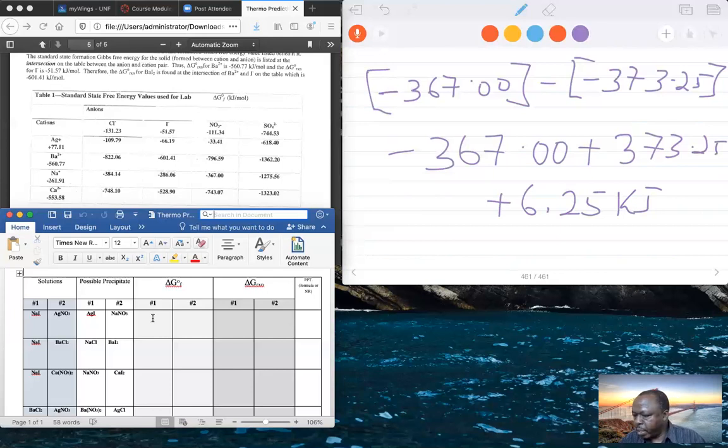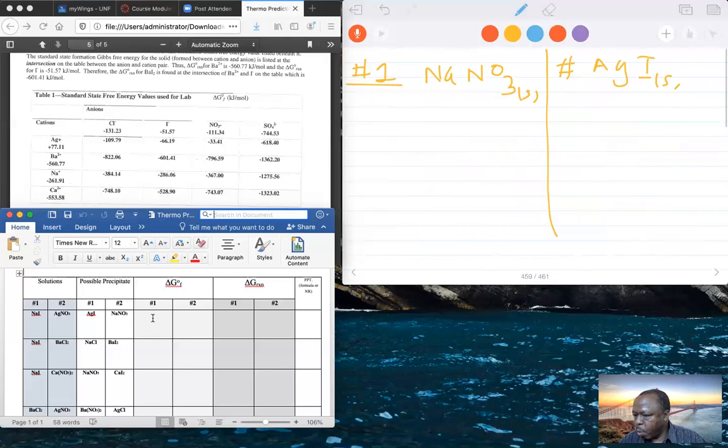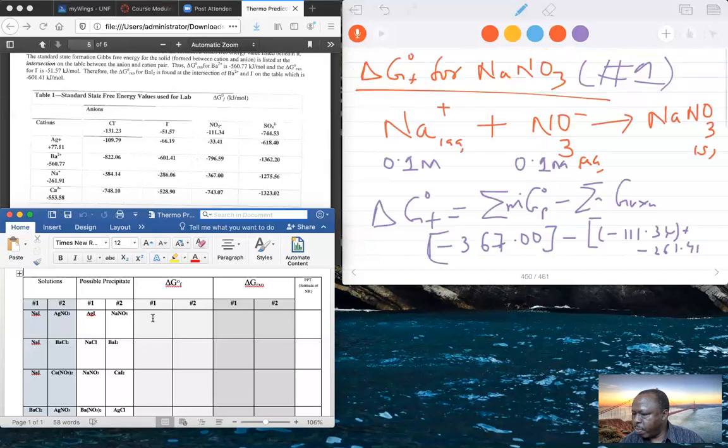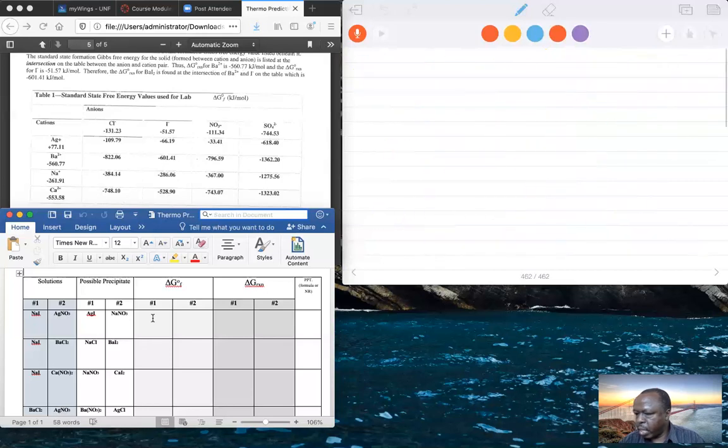And then for number 2, remember this is what we did for number 1. We are done with delta G naught for that. Delta G naught for this, we do the same thing for that. All right, we say number 2, which is AgI. Remember, it's solid.